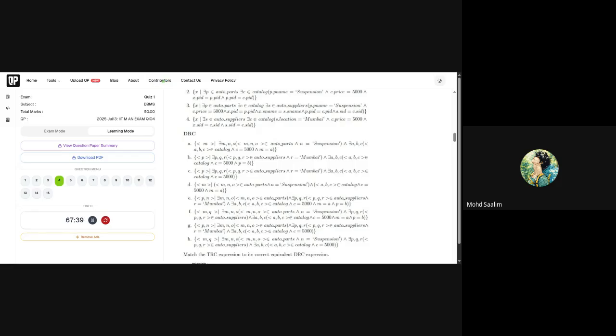Both of them have the same selection and same conditions. Which of them is using the correct syntax? This is the question. What do you think? Is A correct or D? What is the correct way to use DRC?